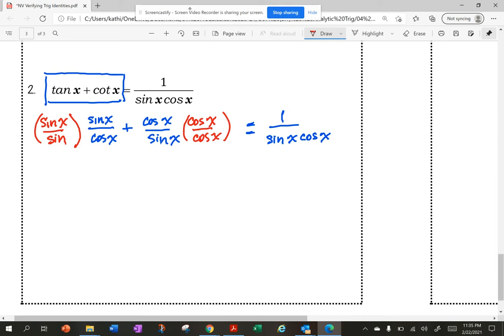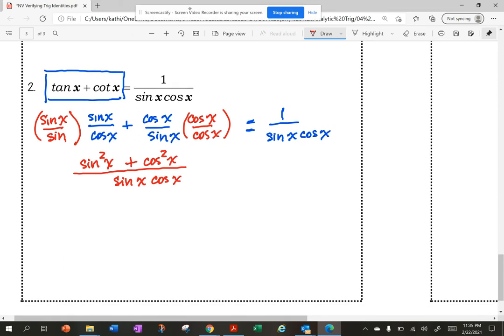So now I have sine times sine is sine squared of x plus cosine times cosine is cosine squared of x all over my common denominator, which is sine times cosine. And then I didn't do anything with the right-hand side, so this is 1 over sine of x times cosine of x.